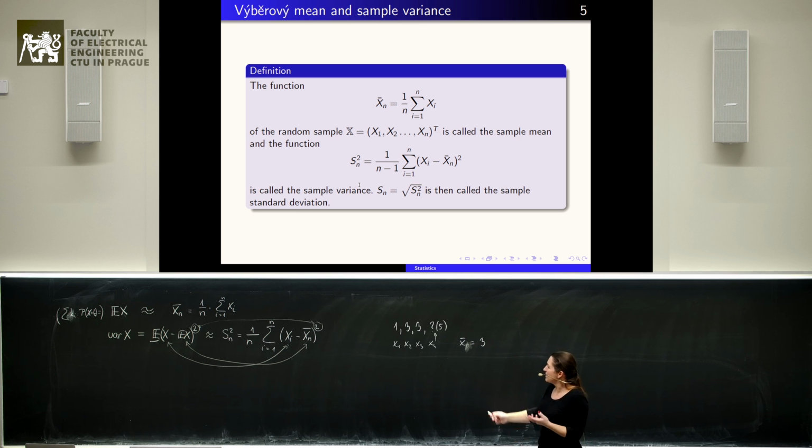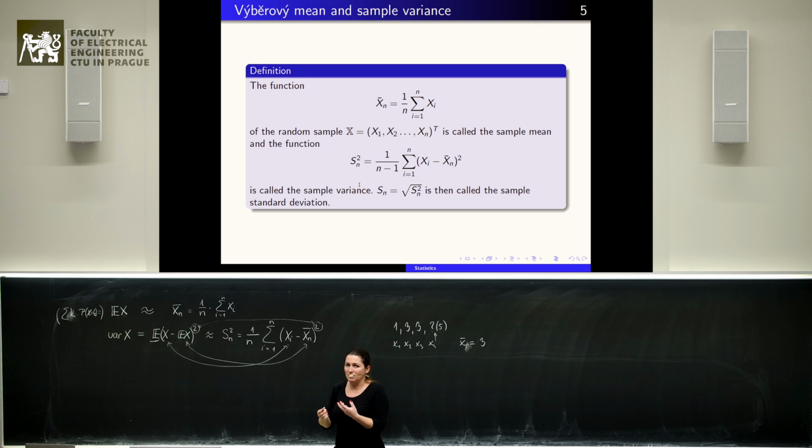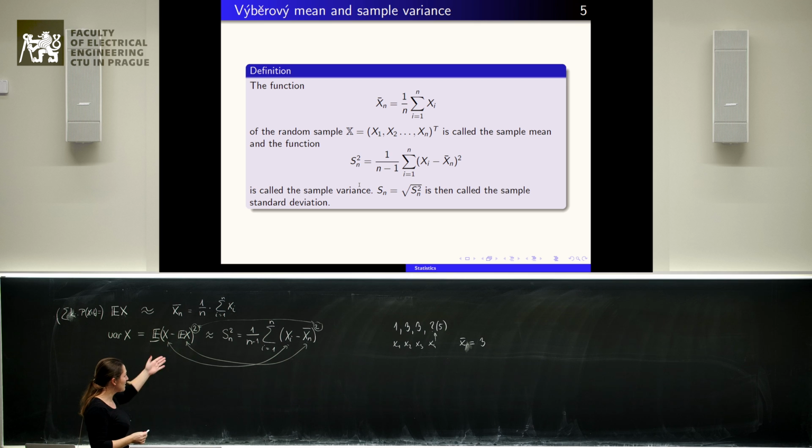So the last number is not random in this sample when we know the mean value. It means that when we estimate the variance of some random variable whose sample we observe, then we have only n minus 1 random numbers, because the last number is connected to this average. It was just a heuristic explanation of the situation. Of course, we have to show by standard mathematical methods that this is the best estimate of the variance. But for the basic explanation which we need, I think that this is enough.